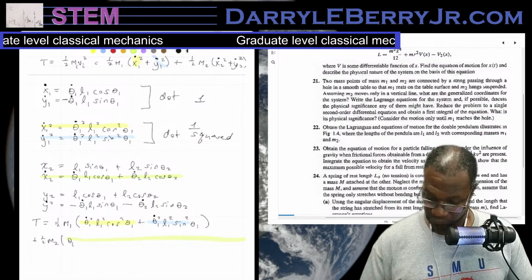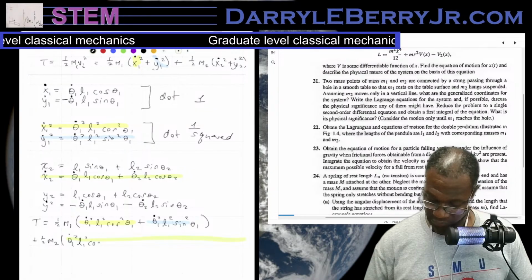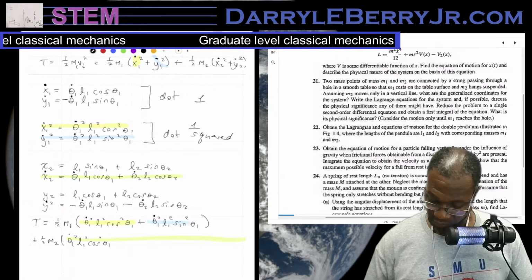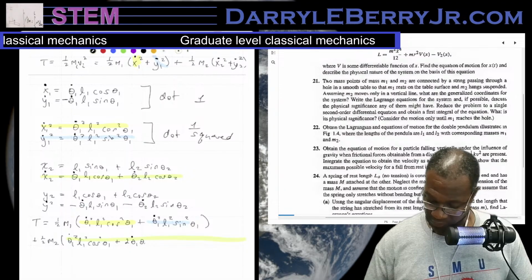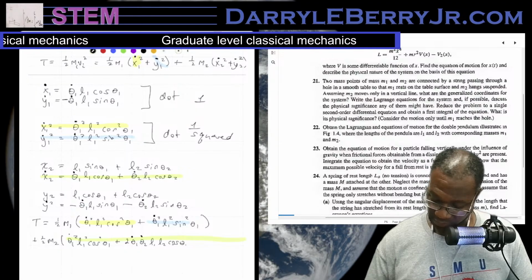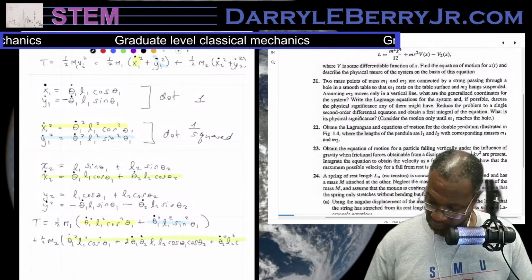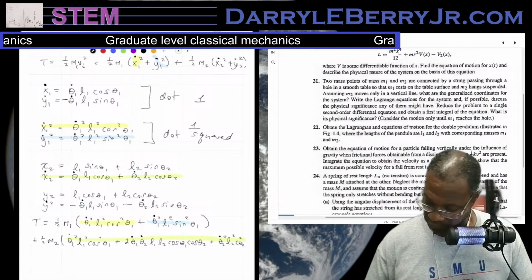Theta 1 dot squared L1 squared cosine squared theta 1 plus 2 theta 1 dot theta 2 dot L1 L2 cosine theta 1 cosine theta 2 plus theta 2 dot squared L2 squared cosine theta 2 squared.